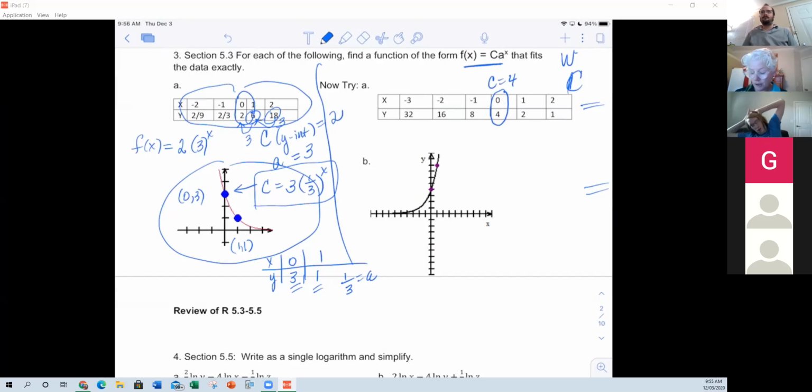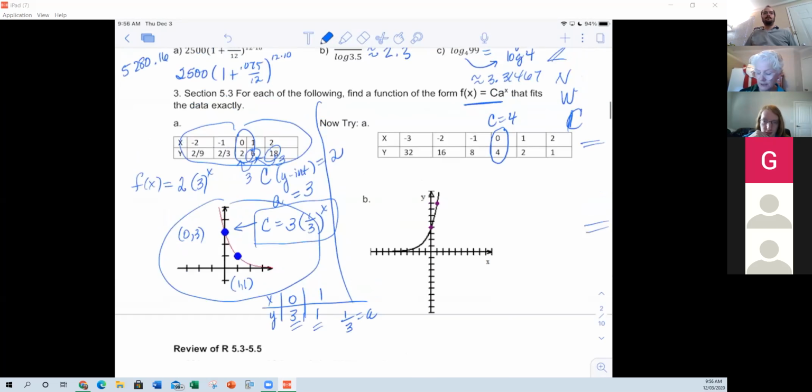And then the R or the A is always, if you take any number in the chart, any y value, and divide by the one right before it, because I've told you that these are exponential. So you don't have to guess, you don't have to prove it to yourself. So if I take any number like the number 1 and divide it by 2, what would my A be? 1/2, right?